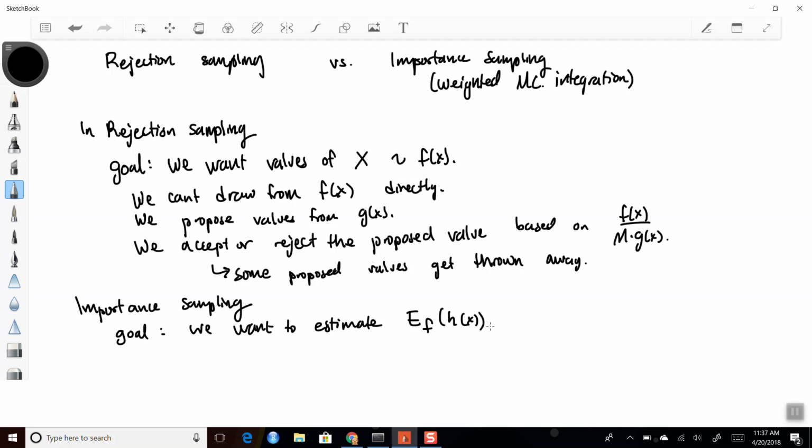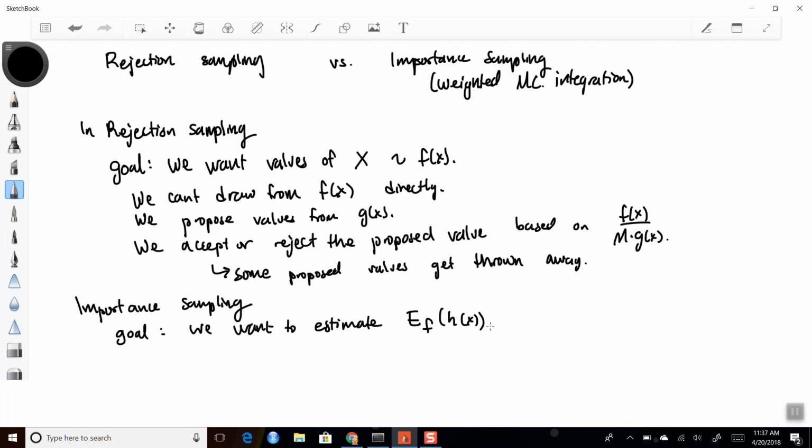If we can't draw from f directly, we could use rejection sampling and use the resulting sample to do regular old Monte Carlo integration, the general case where we've drawn from f. We could use rejection sampling to get a random sample from f, and then use that to estimate this thing here. But again, that would involve throwing away some values.